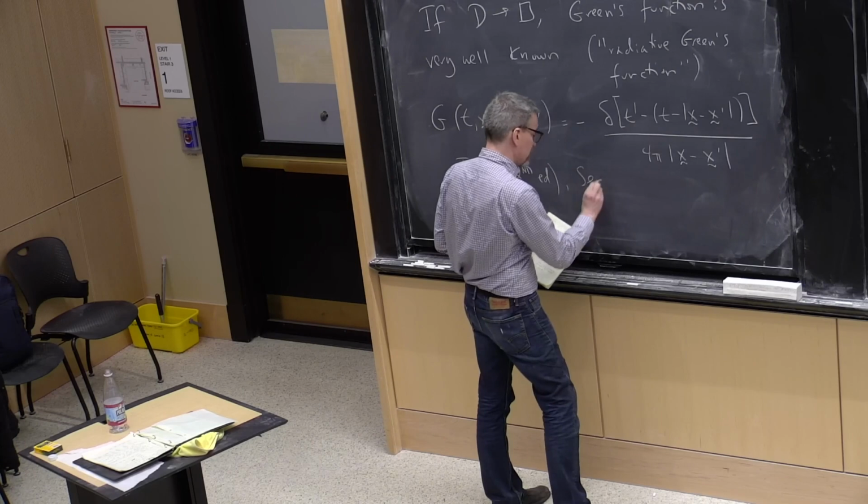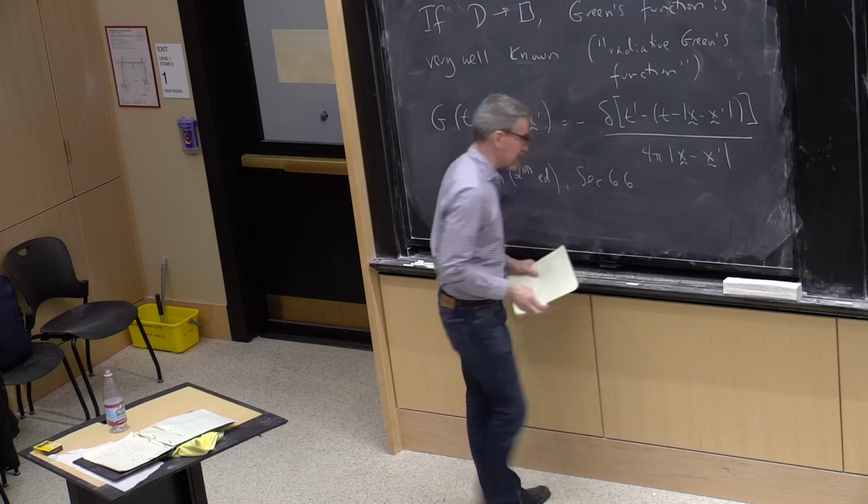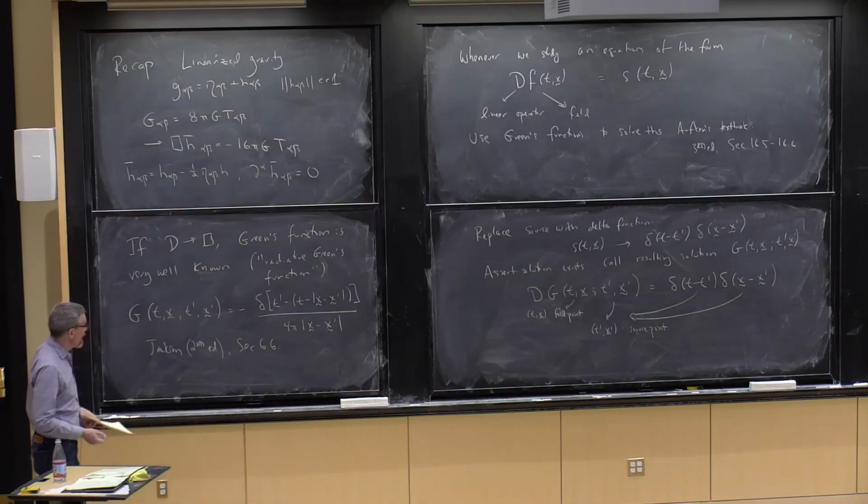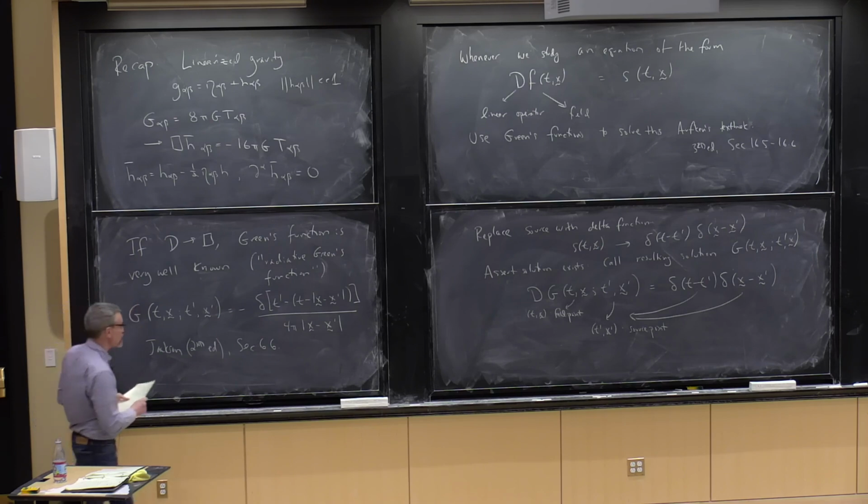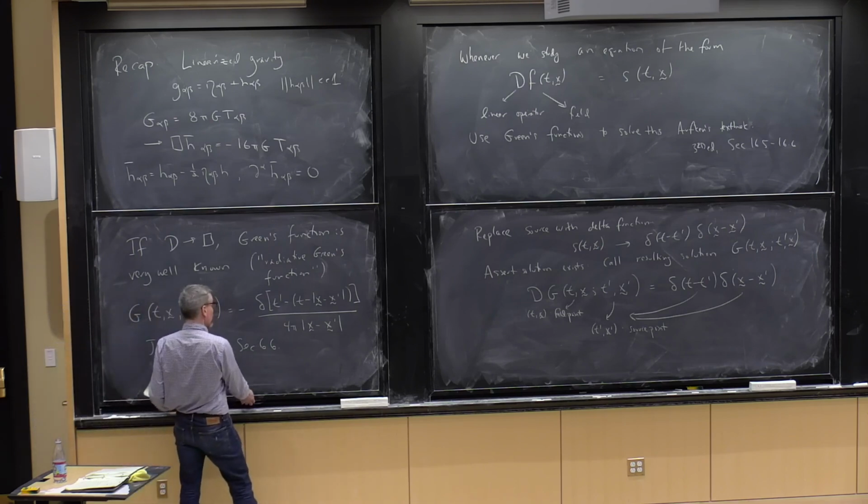In the second edition, you can find this discussed in section 6.6. When I have taught MIT's junior level electrodynamics course, I actually go through this. And by essentially introducing a Fourier transform, a Fourier decomposition, turning the wave operator into an algebraic operator, just rearrange a bunch of terms, then invert your Fourier transform. It's not too hard to show that this is the result that comes out of that.